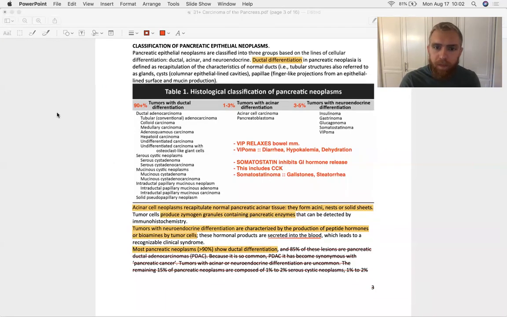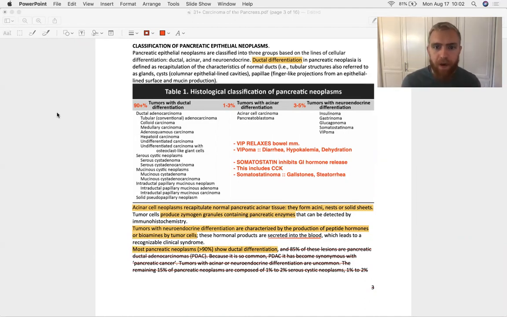So I want to talk about the VIPoma and the somatostatinoma, because those are two particular hormones involved in the gut that you might not know too much about because they're not insulin and they're not glucagon, you know, they're not the heavy hitters.